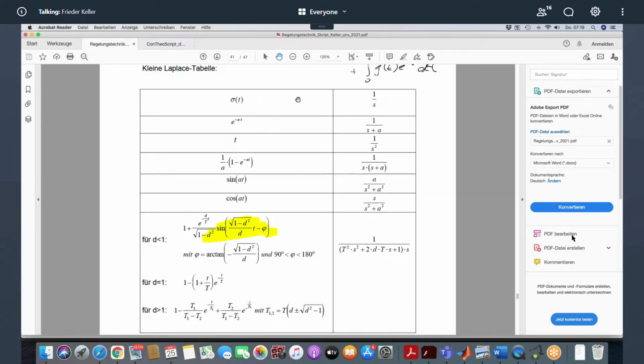See, the unit step sigma of t gives 1 over s, that is something I told you to have in mind. e to the power minus a t gives 1 divided by s plus a. Here is also listed the ramp. The sine and the cosine we have also derived. And there is one thing here in addition, 1 divided by s plus a.